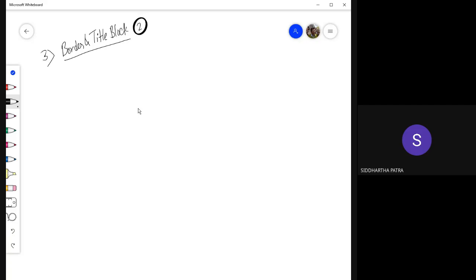For example, in some of the assignments, some of you did mention one segment in the title block as scale, but then you didn't write any scale, you didn't mention any scale. Maybe you used some scale, but you didn't mention it there. Number one. Number two, if you recall, I asked you to use block letters.